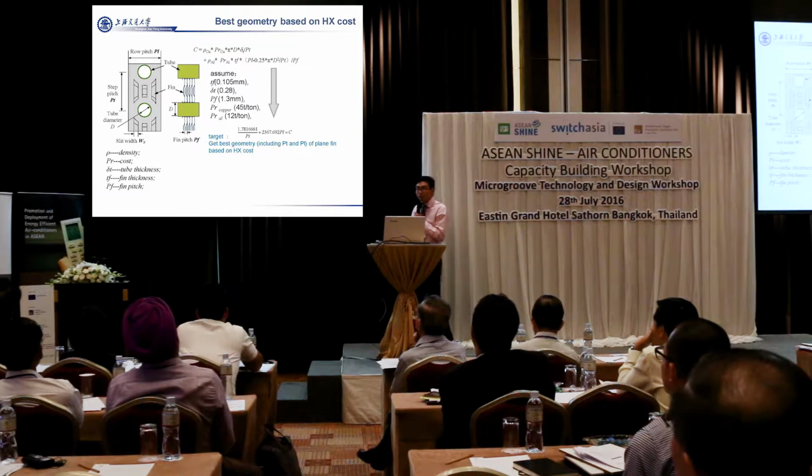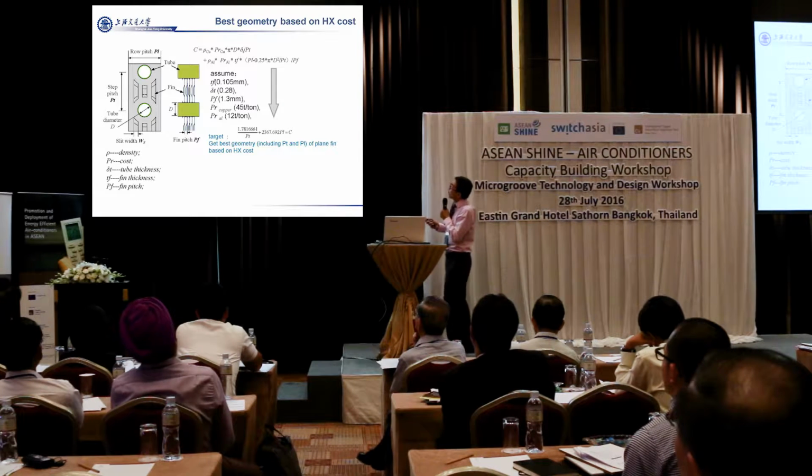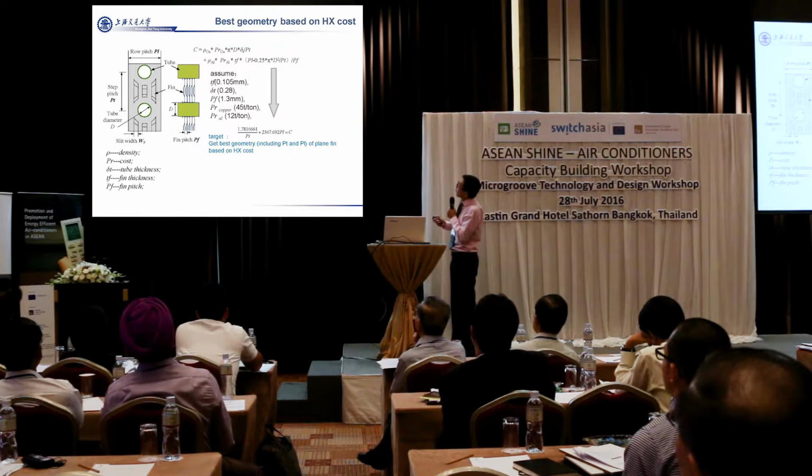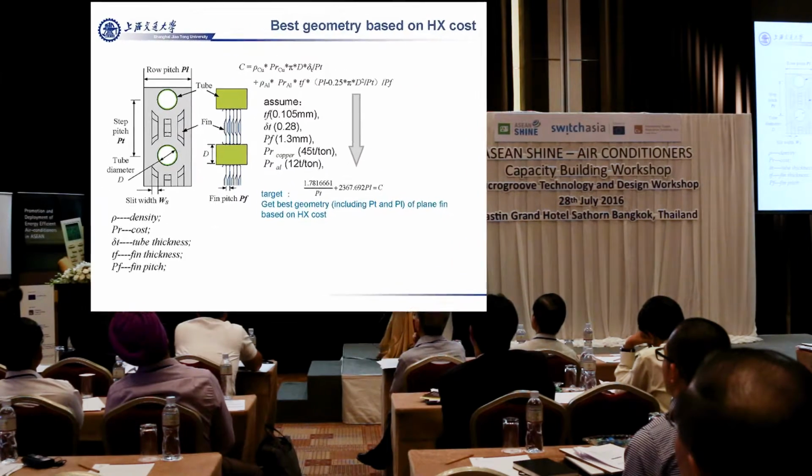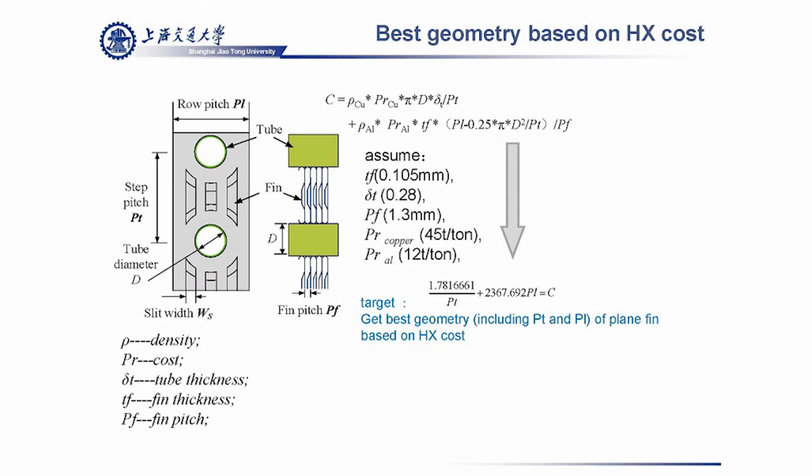So we did another one where we keep the cost C. We calculate C by these equations, using the per unit price of the copper and the aluminum, which we can get from the local price of each market, and we can derive equations like this one.